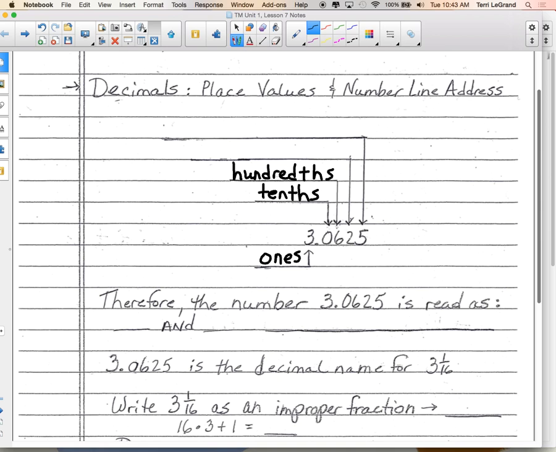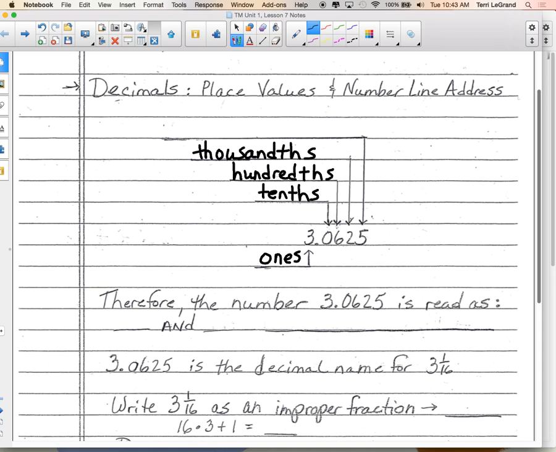How about the 2? What place is the 2 in? Derek? Thousandths. The thousandths place. So we have 2 thousandths in this problem.